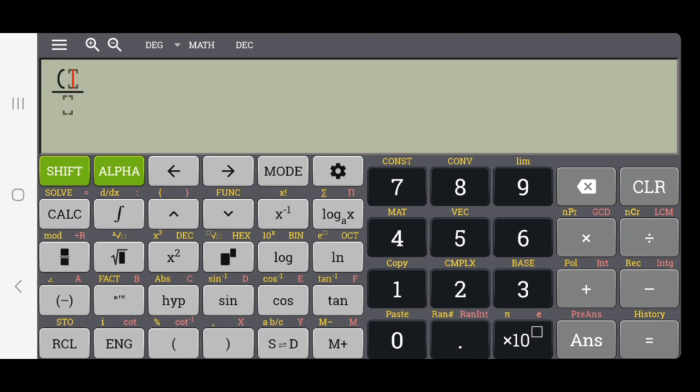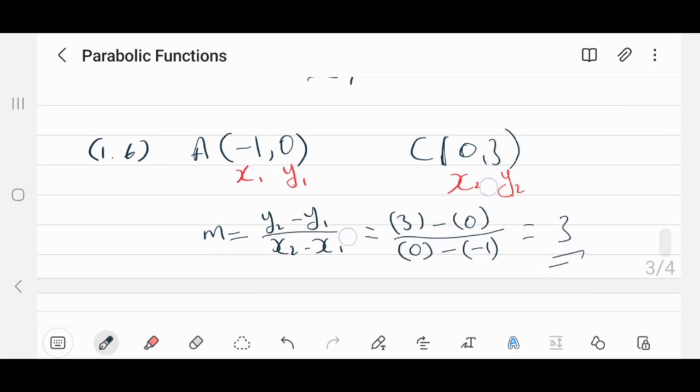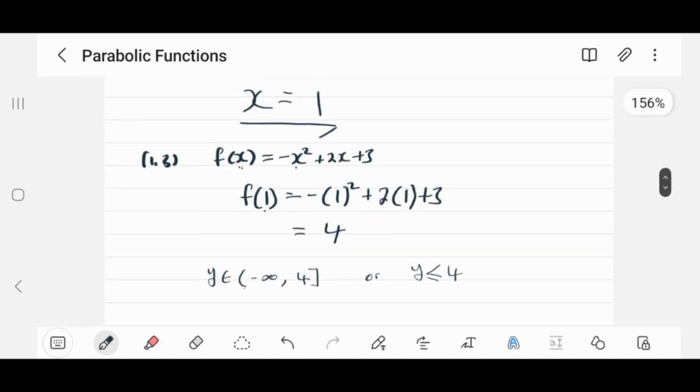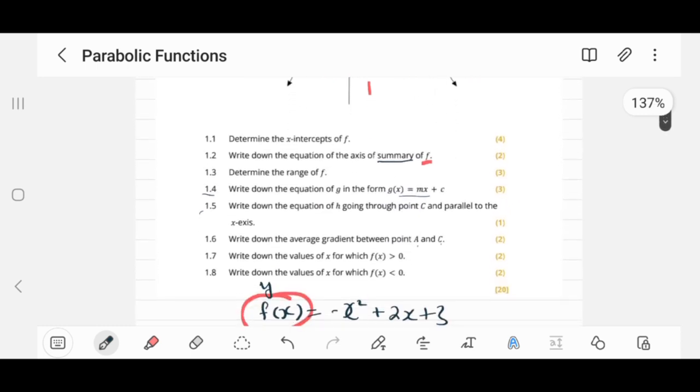So that is 3 minus 0, and that is 0 minus of -1. So that is positive 3. So we put positive 3. That is the average gradient between point A and point C.